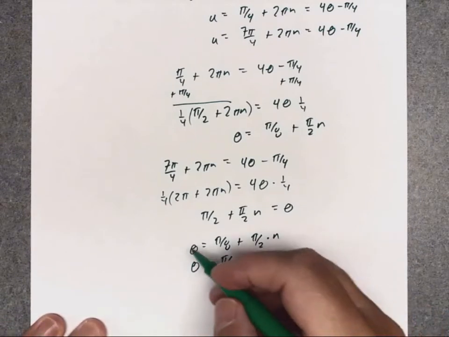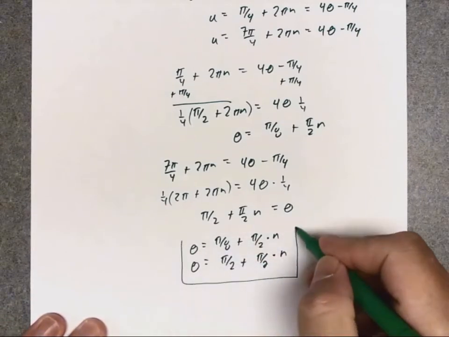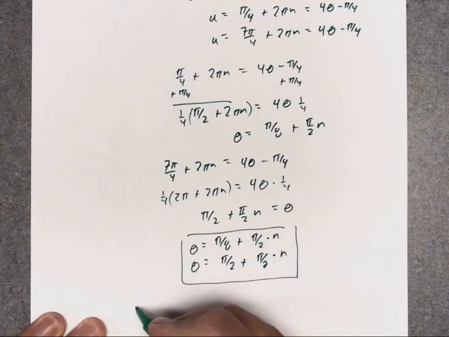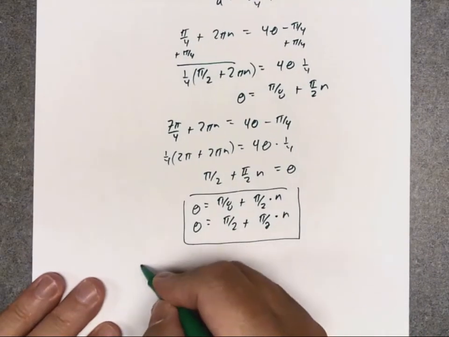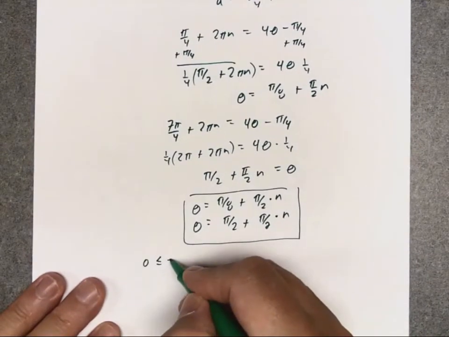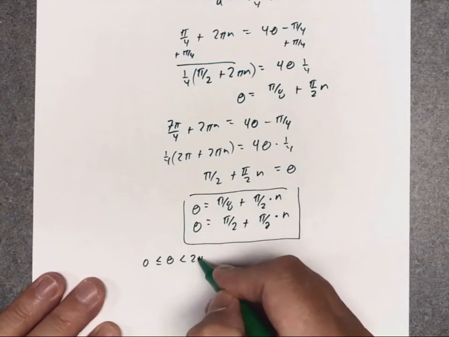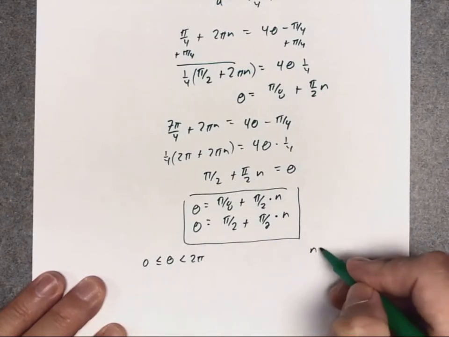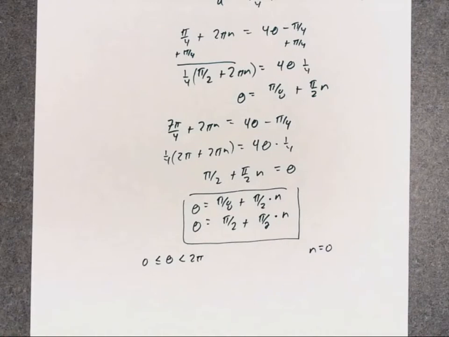Now, that's my general solution. If I'm looking for the solutions where my angle is between 0 and 2 pi, here's where I go over here. I start with n equals 0, figure out my thetas, and keep going until my thetas are larger than 2 pi.